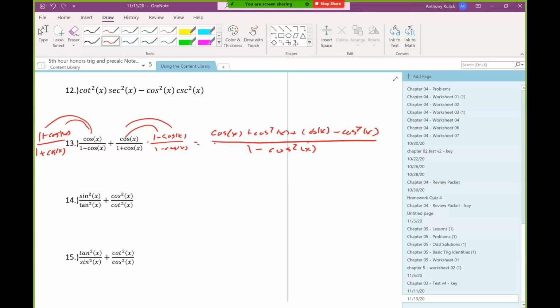I'm just not going to write out all the foiling if that's okay with you guys. Hopefully you just recognize that as a difference of 2 squares and just apply that factoring pattern to do the multiplication. But if you don't and you FOIL it out, that's fine. You'll end up with that same thing. So hopefully right away you notice that the cosine squareds are going to cancel out in the numerator. So we're left with 2 cosine over 1 minus cosine squared.